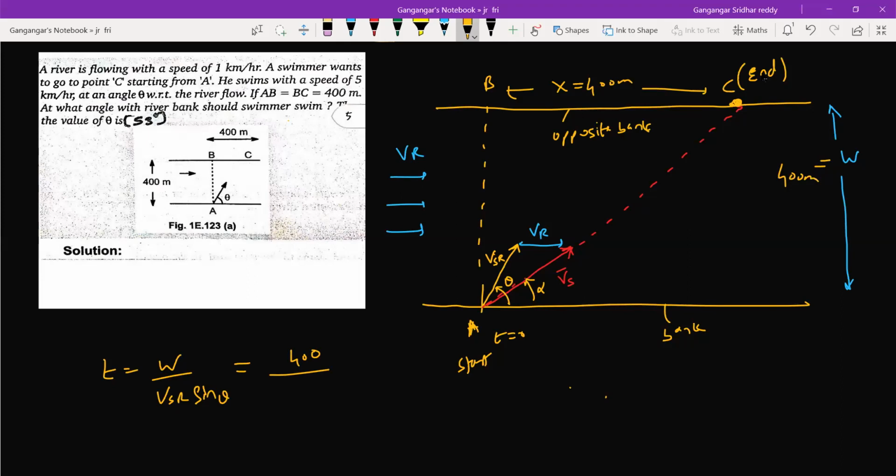He swims with a speed of 5 km/h at an angle theta with respect to river flow. So this is what happens. What is the value of VSR? 5 km/h. I think convert this, 25 by 18.